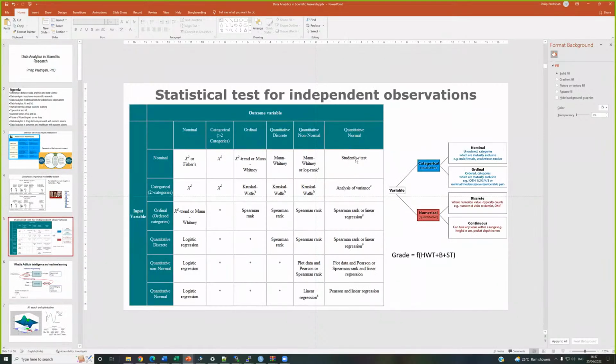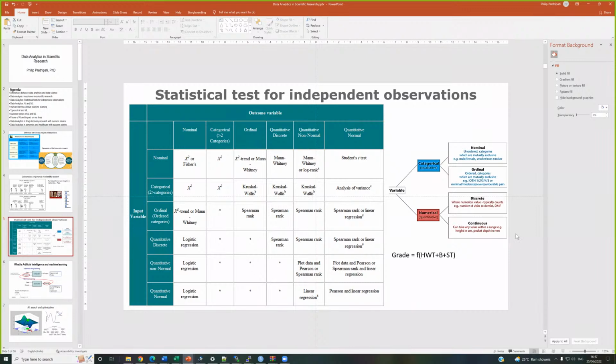If the data is normal, you use the Student's t-test, but if the data is not normal, then you use Mann-Whitney. Same thing, if the data is normal and you have more than one category, like instead of just cancer or no cancer, you have grades of cancer, like stage 3, stage 4, because it's more than 2, you use ANOVA, analysis of variance, and if the data is not normal, Kruskal-Wallis.